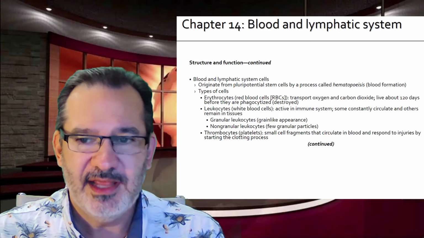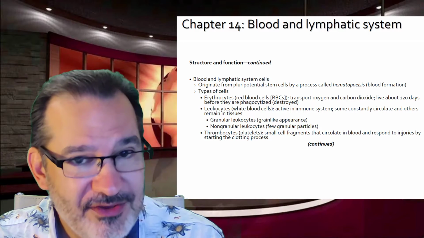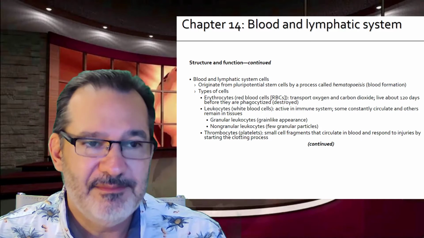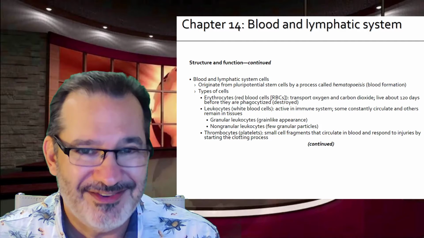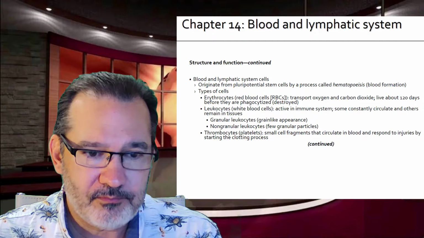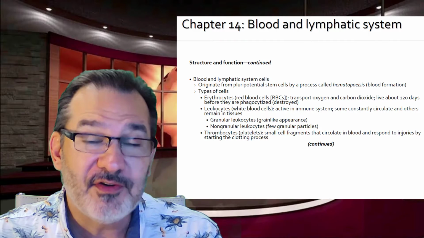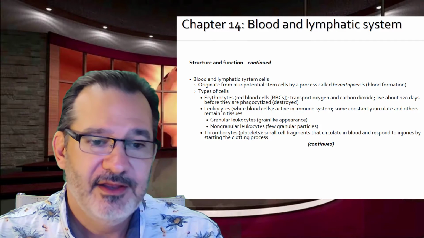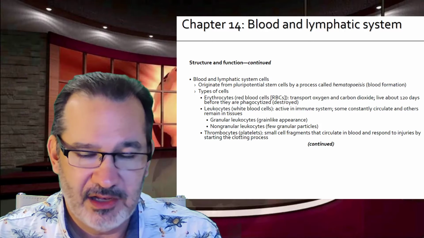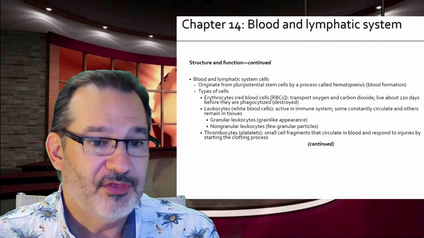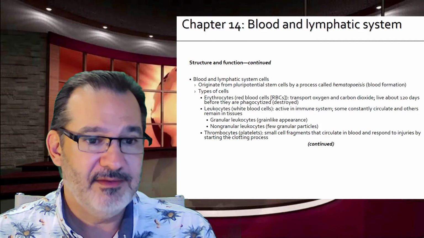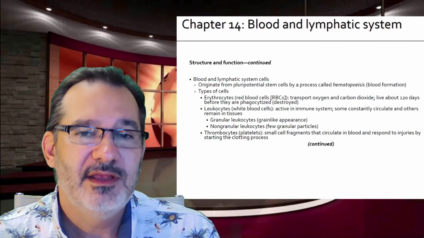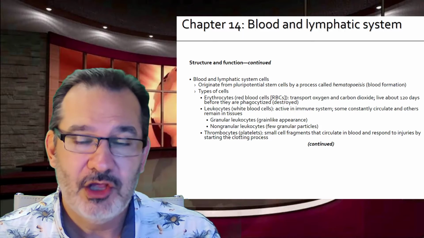All right, so let's see. Hematopoiesis, great medical term. It means blood formation. The different types of cells in the blood: erythrocytes, leukocytes. Erythrocytes are the red blood cells, or RBCs. Erythro is pertaining to red.